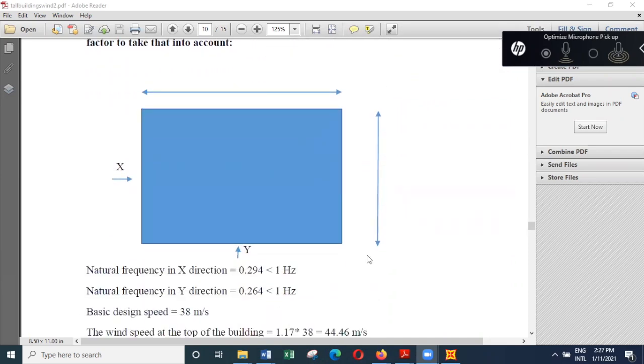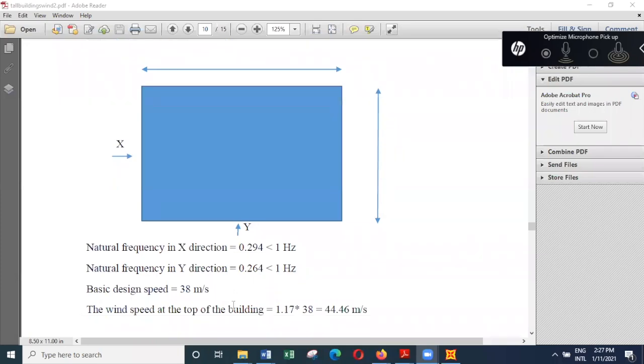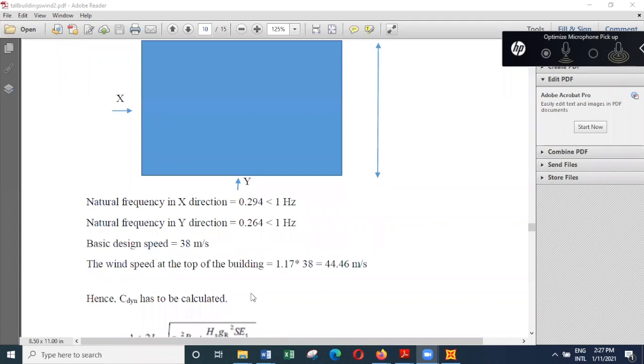When you take the reciprocal, you find the natural frequencies as 0.294 and 0.264, and both are less than 1 Hertz, which means we have to consider the dynamic effects. And the basic design speed is 38 meters per second.